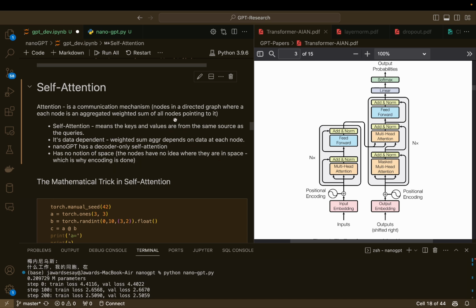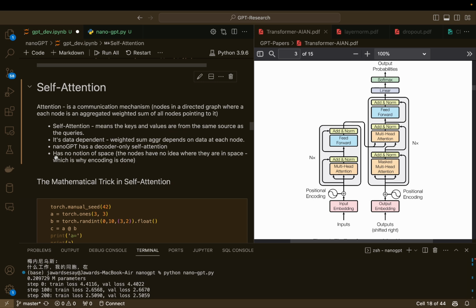The nanoGPT code base only has a decoder, so the attention here is decoder-only. This means the tokens are aligned in such a way that they only talk to the previous tokens, and they will not communicate with the next tokens or the next character, because that's what we are trying to predict.